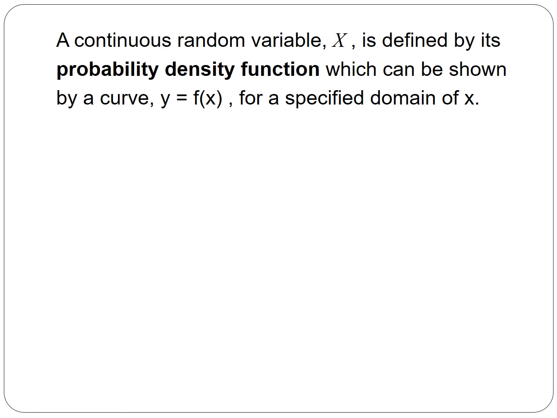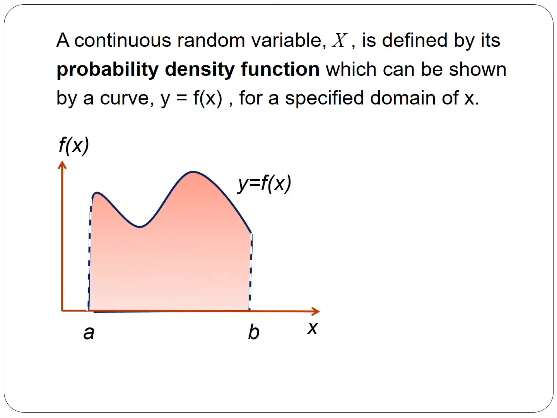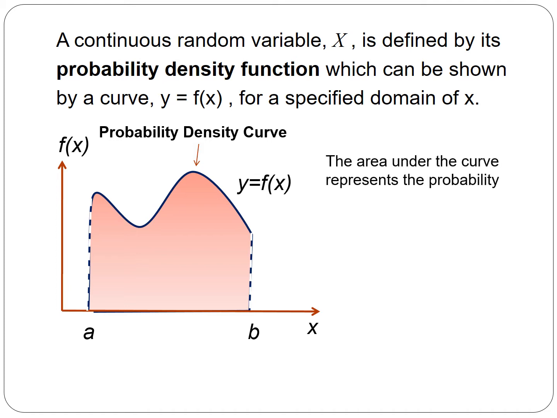A continuous random variable x is defined by its probability density function, which can be shown by a curve y equal f of x for a specific domain of x. For example, here we have a curve y equal f of x. The curve is known as the probability density curve, and the area under the curve represents the probability.